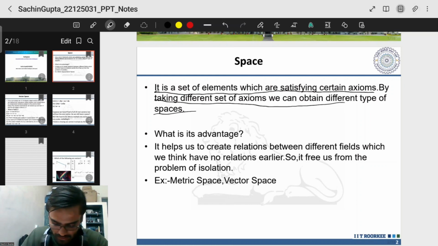And what is its advantage? It helps us to create relations between different fields which had no relations earlier, so it frees us from problem isolation. I would like to give a real life example. Suppose we were in class 10th, and after that we move to class 11th, doing IIT JEE. But in class 11th we have so many difficult topics for which we already have to know the topics of 9th and 10th.